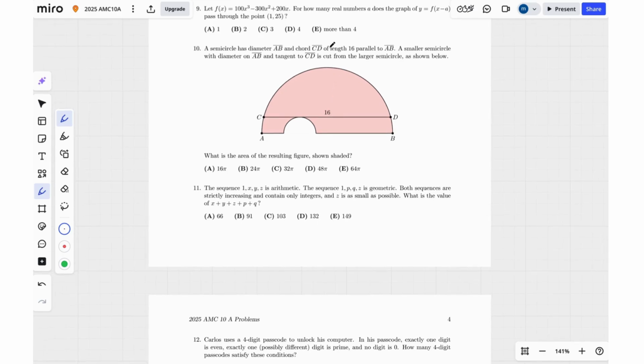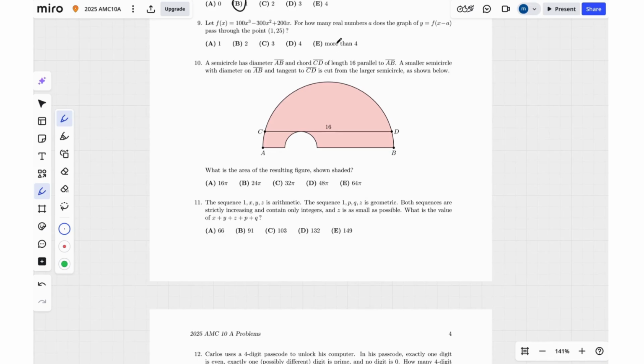Here for question 9, since f of x minus a is just a transformation that shifts it horizontally, it's just asking for how many values of x there are so that f of x equals 25.